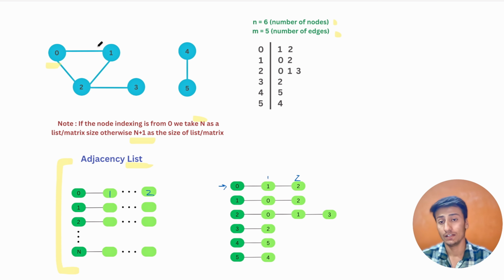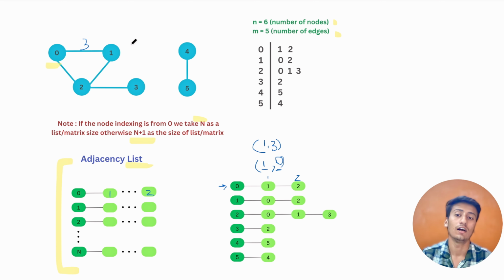Say if we had a weighted graph over here, then instead of using an integer, we could have used a pair where the first element would be the second node, here 1, and the second element would be the weight of the edge. For example, if I would have 3 over here, I would have stored 0 with 1, 3 as a pair.